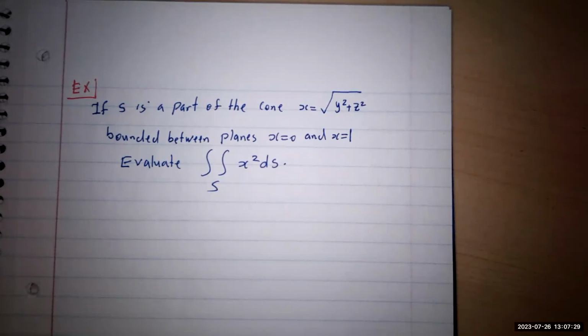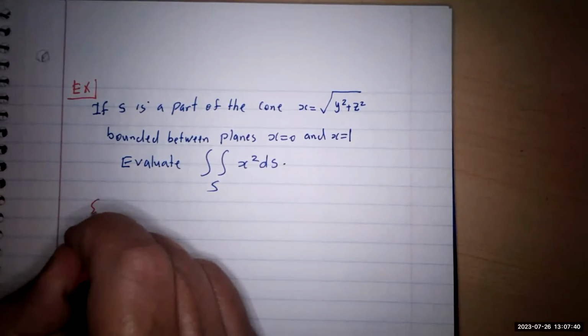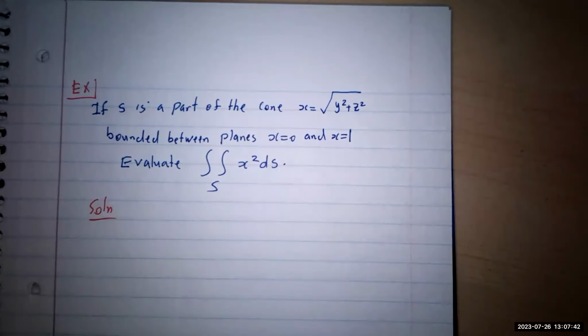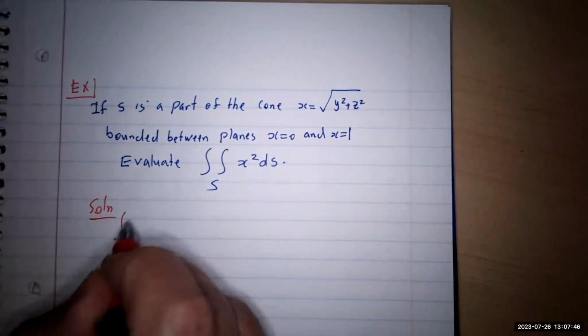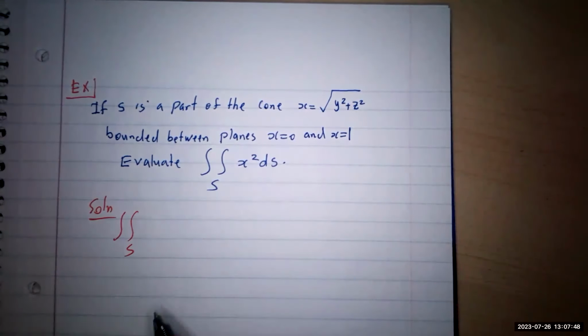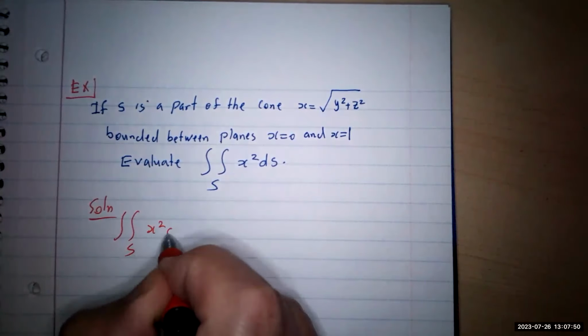So first thing to do, you have to check your surface. You check the surface and I can write the formula for you so that you know it. You see, the solution is going to be, and that's it.